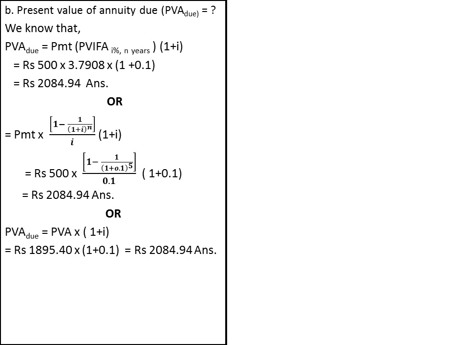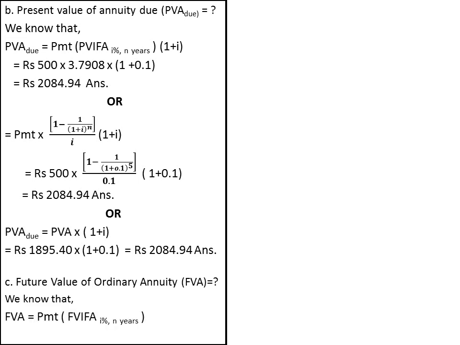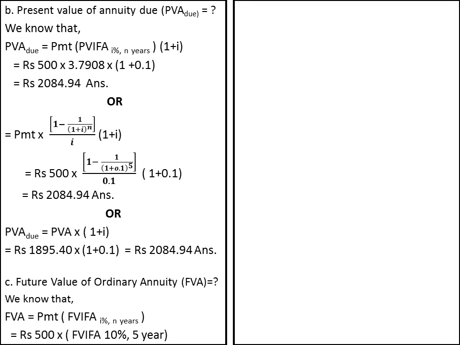Now it's time to compute part C, future value of ordinary annuity. Ordinary means simple annuity. So FVA equal to PMT, FVIFA I% N years. Put the value of PMT 500, FVIFA 10% 5 years.